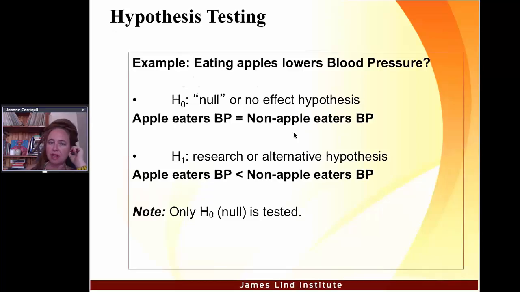So let's take an example. Let's say we think as researchers that eating apples lowers blood pressure. The null hypothesis would then be apple eaters' blood pressure equals non-apple eaters' blood pressure. Our H1 or alternative hypothesis would be apple eaters' blood pressure is less than non-apple eaters' blood pressure. Okay?